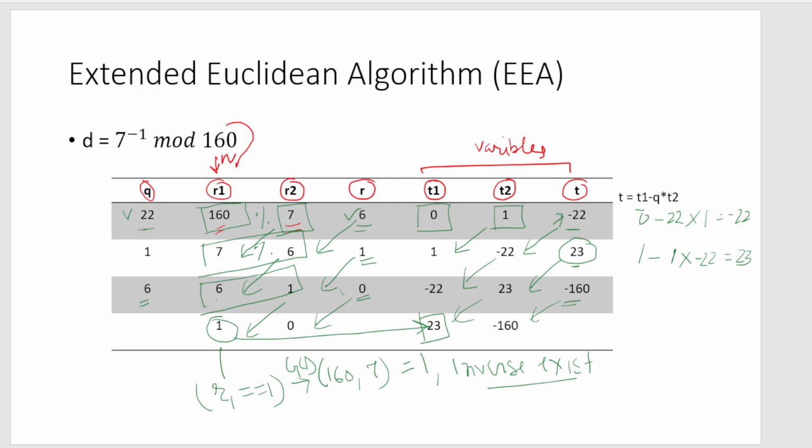So what is the inverse? The inverse of 7 is 23 in the domain of 160. Okay, this is the value. So you get the value of D as 23 using the same method, right?